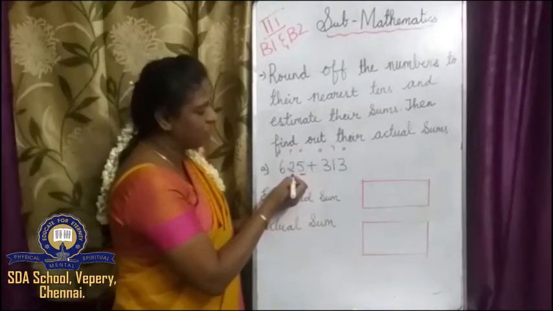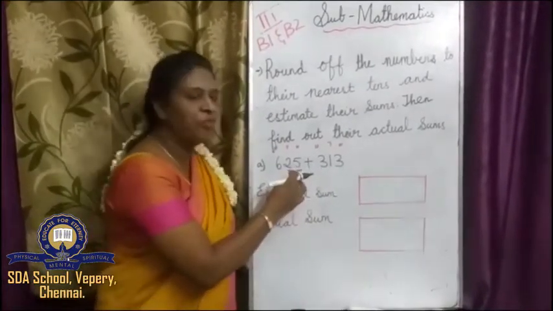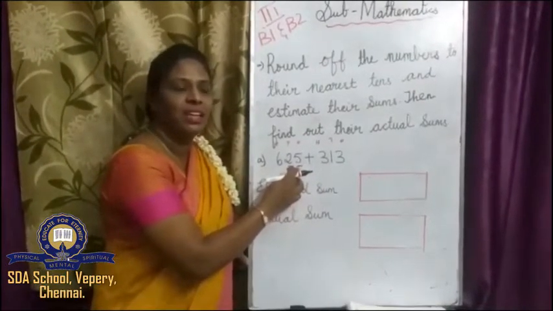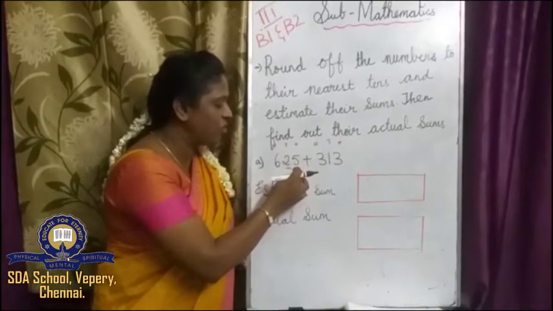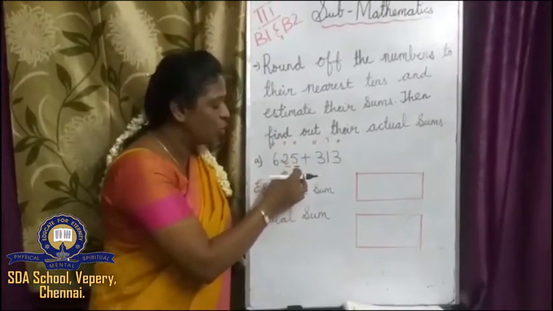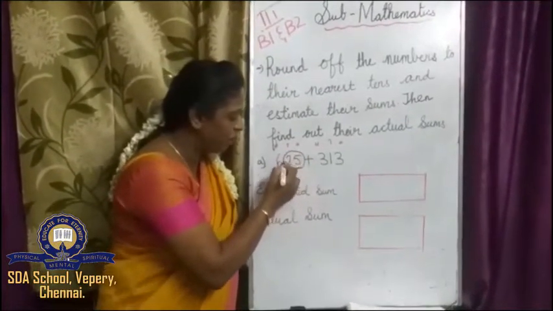In tens place, what do you have? 2. In ones place it's 5, in tens place it's 2. So 25.